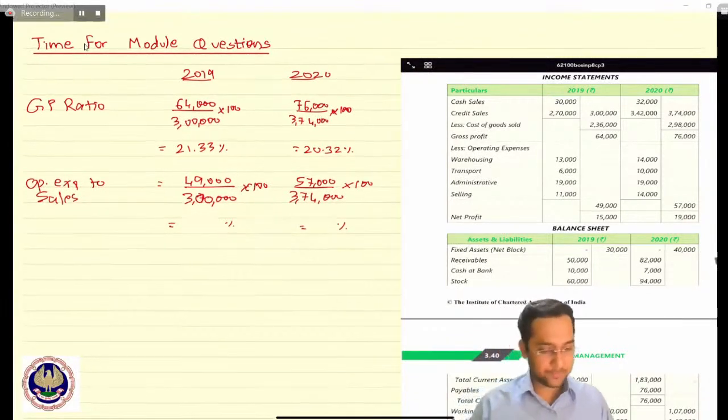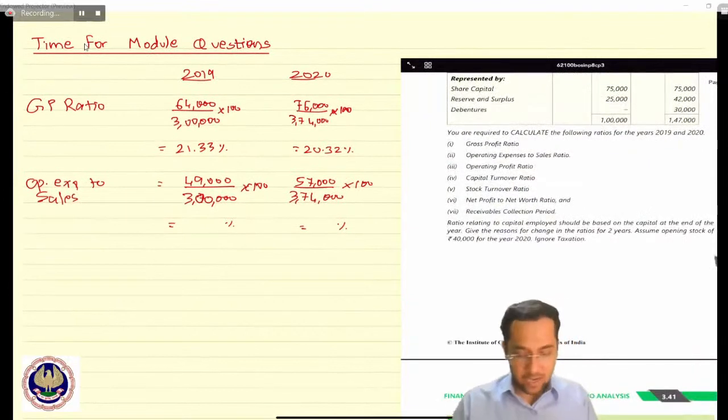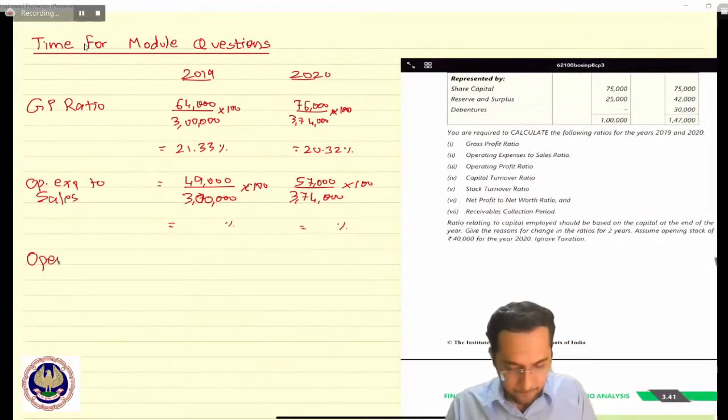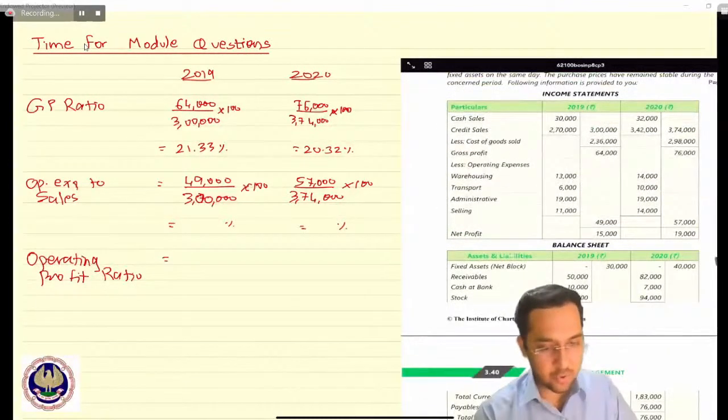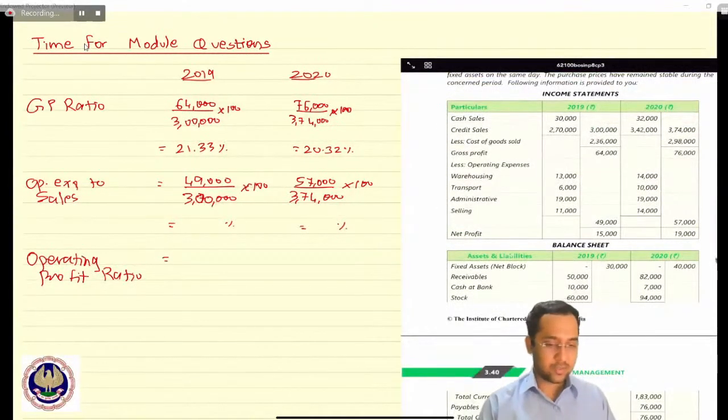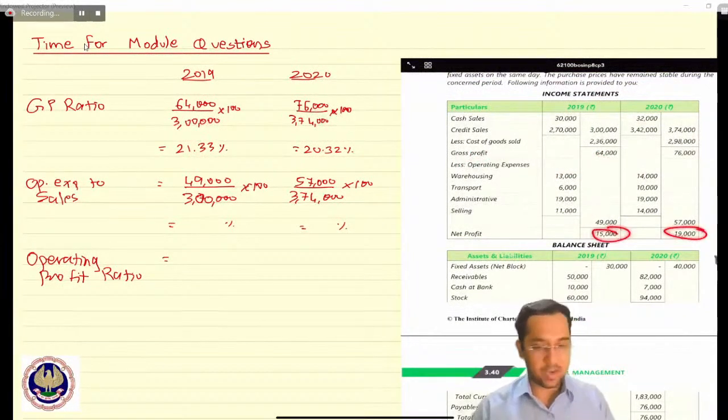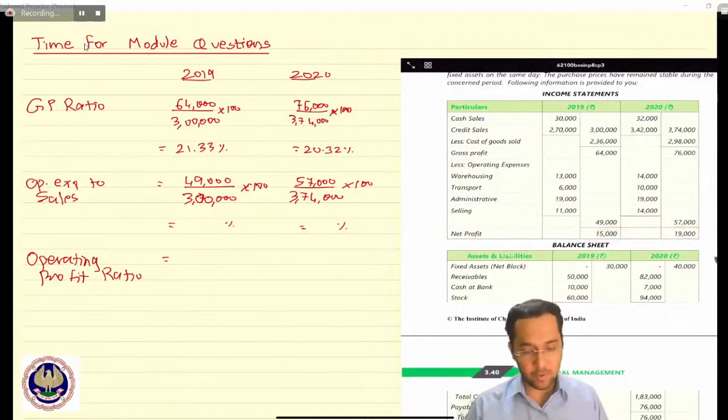You can calculate that. Next ratio is operating profit ratio, which we know operating profit is also available to us. Like all this GP was there. From GP, we subtracted all our operating expenses. So even these net profits are nothing but our operating profit only.